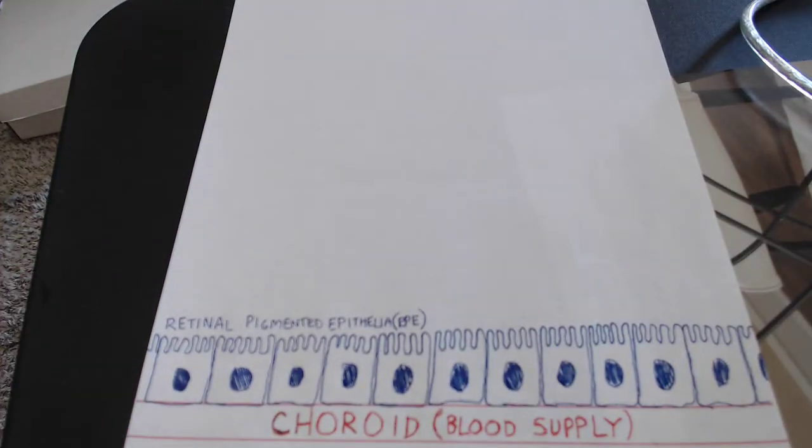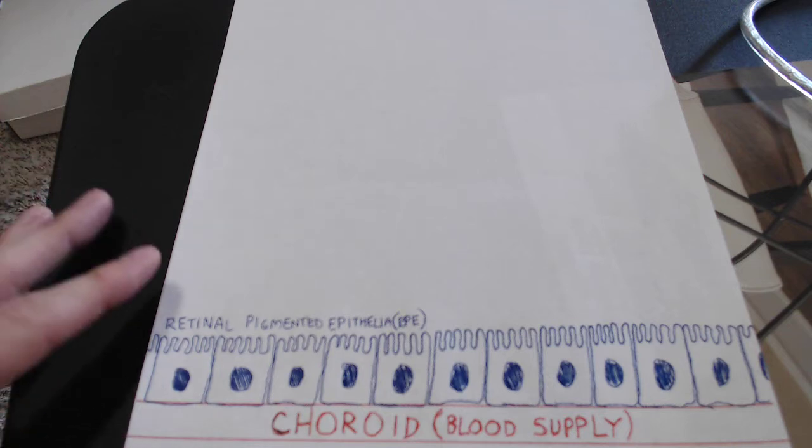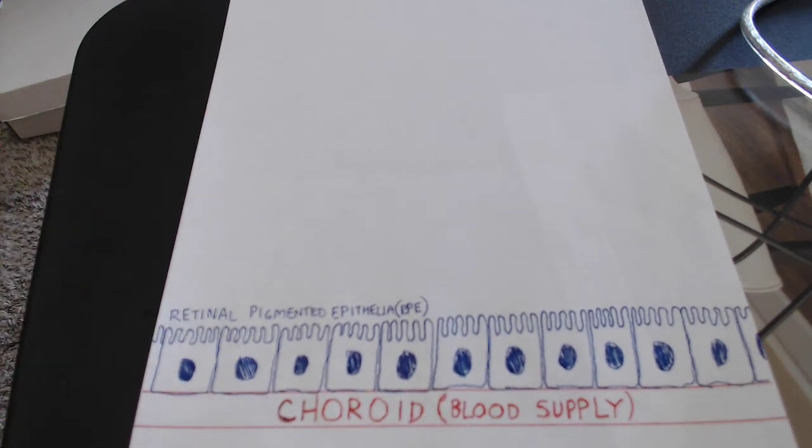So you have the RPE cells on top of the choroid blood supply. RPE cells are the most posterior cell type that you're going to find in the retina.